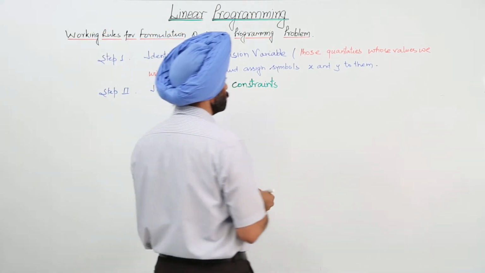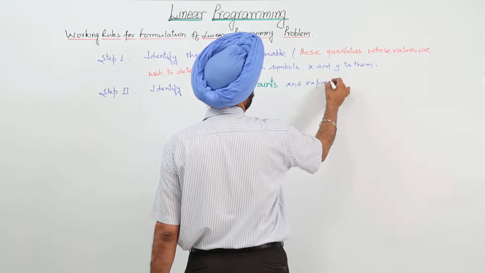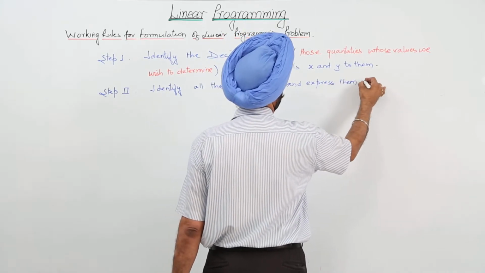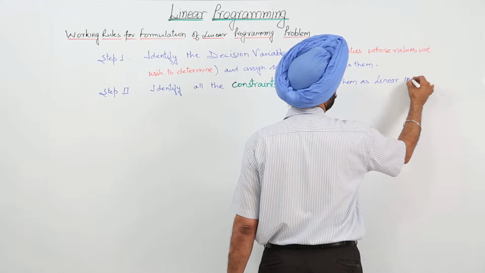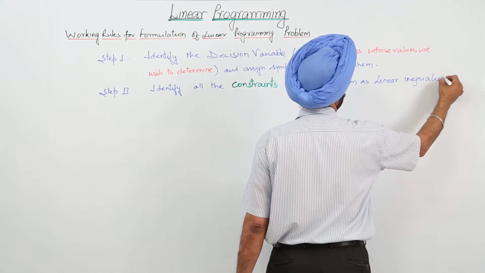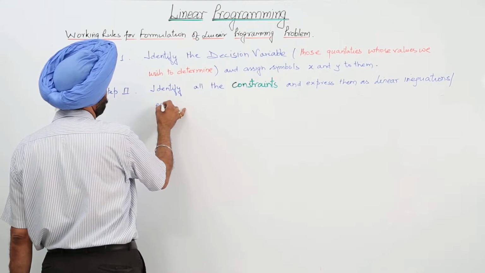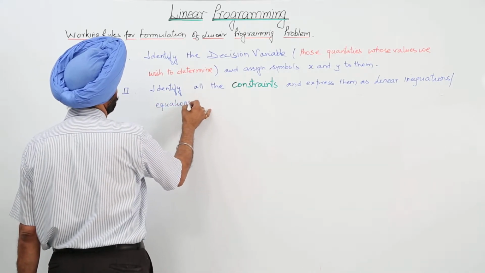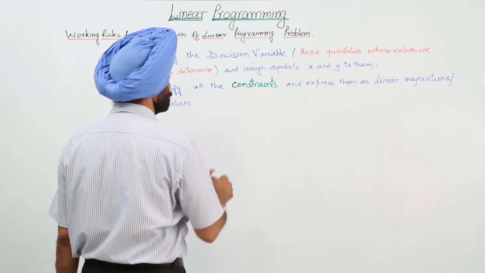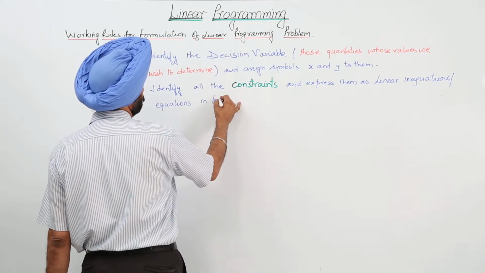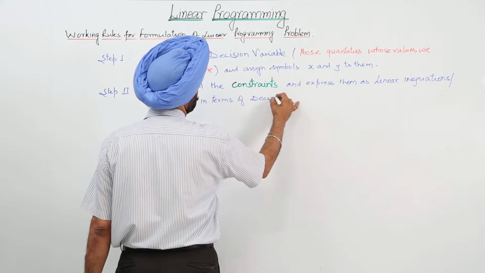Okay, so identify all the constants and express them as linear inequations or equations in terms of decision variables.